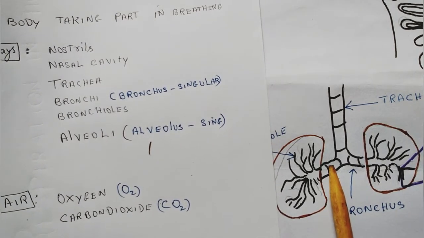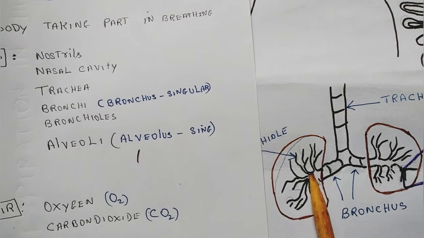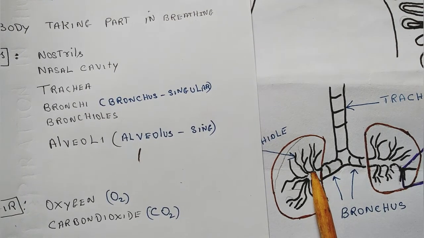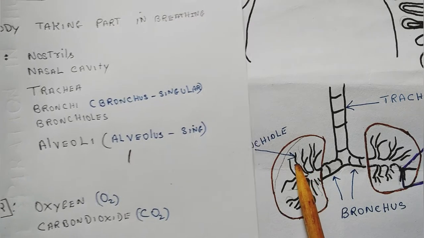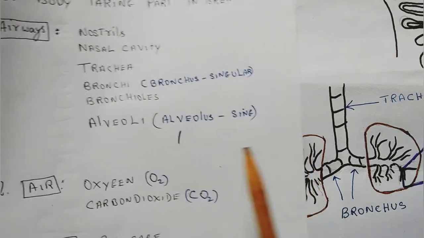And this bronchus, when it enters into the lungs, will divide itself into many branches. And each of those small branches is called bronchioles.